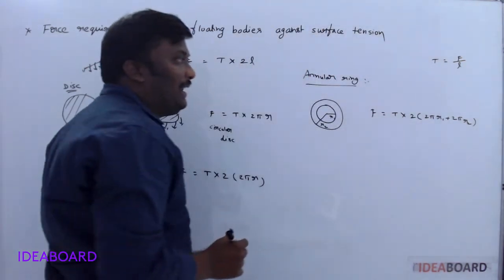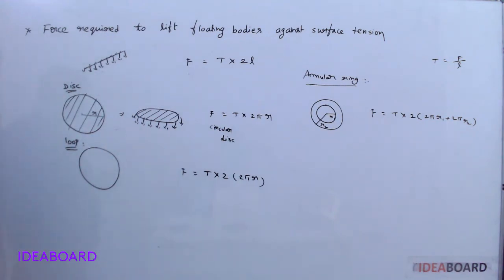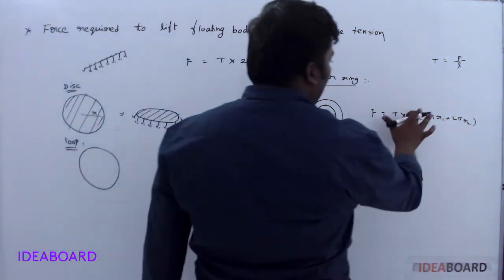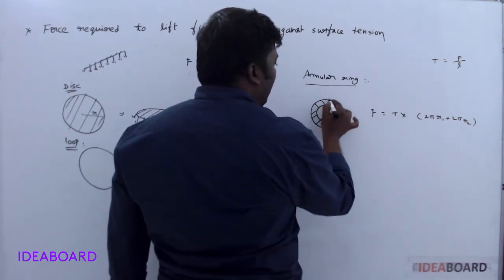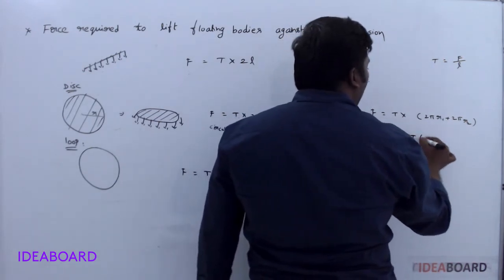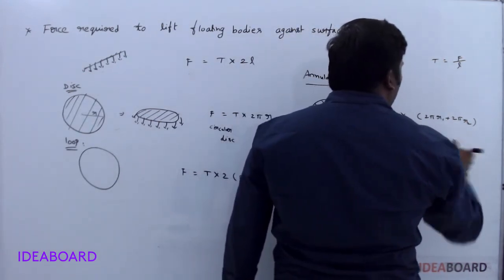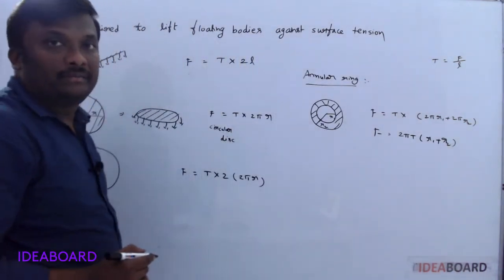F is equal to T into L. The 2 is not required, so it is only this portion. That means 2 pi T into (r1 plus r2). This is the force required for the annular ring.